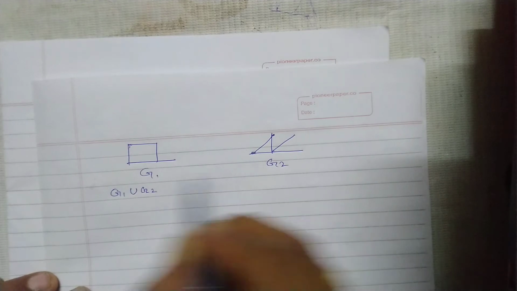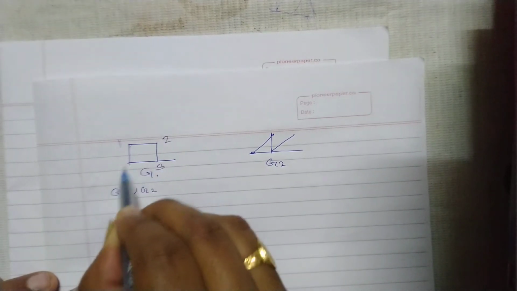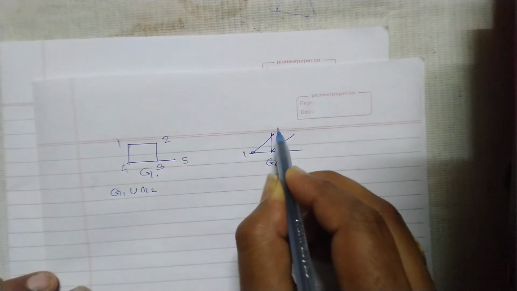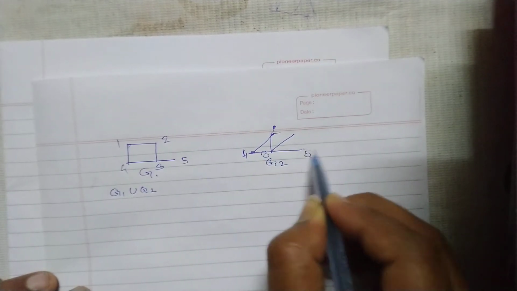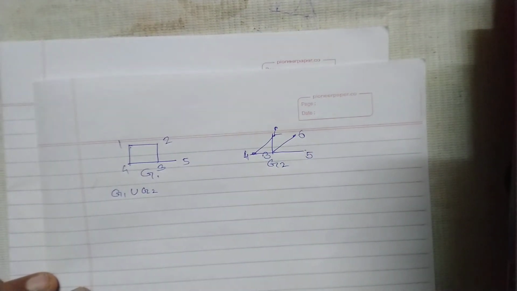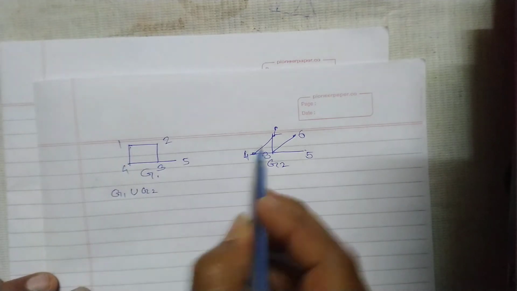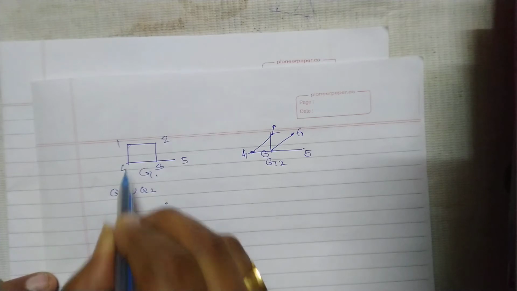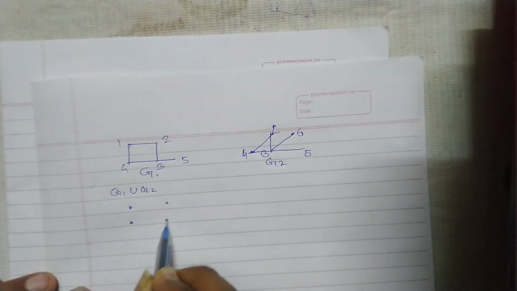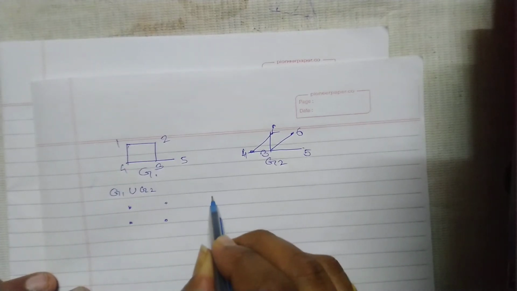Okay, so I can give numbers 1, 2, 3, 4, 5, and 4, 2, 3, 5, 6. These are the vertices. So 1 is not present, 2 is common for all, 4 is common, 3 is common, 5 is common, 6 is common.